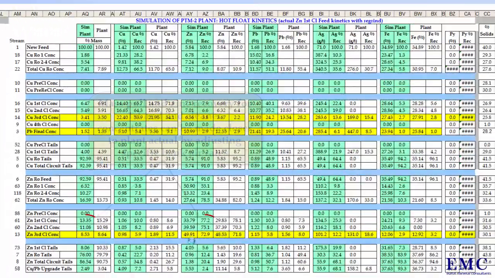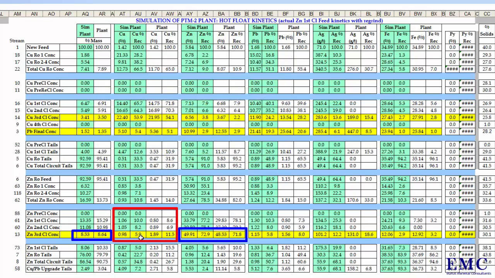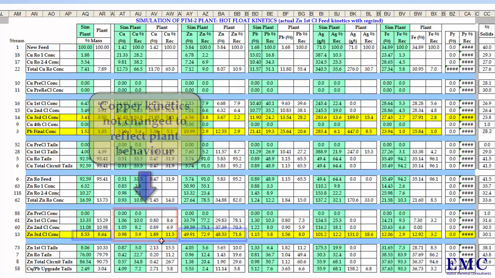So now that the simulation has completed, you can see from the mass pull that the simulation is close to what the plant produces, and so is the zinc recovery. Now you notice in terms of copper, which are in these columns, that there is not a very good agreement between simulation and plant. That is because I haven't changed the kinetics of the copper from this poor rate test.